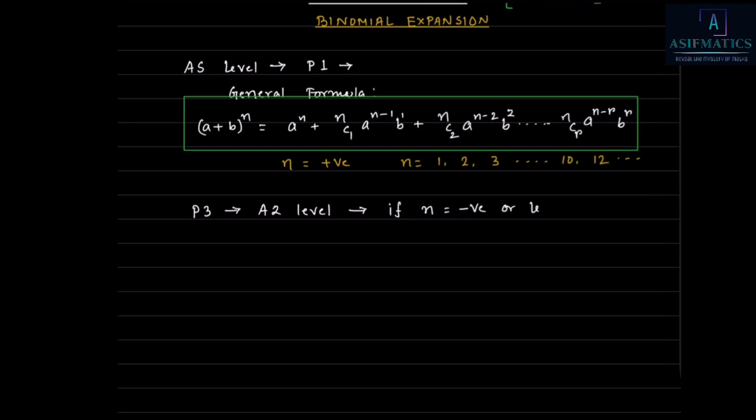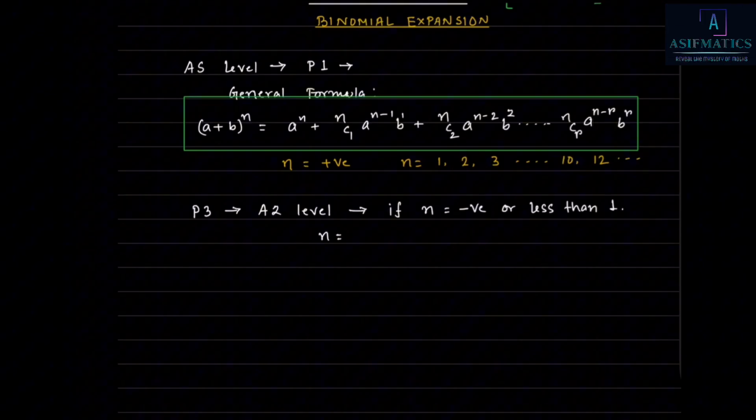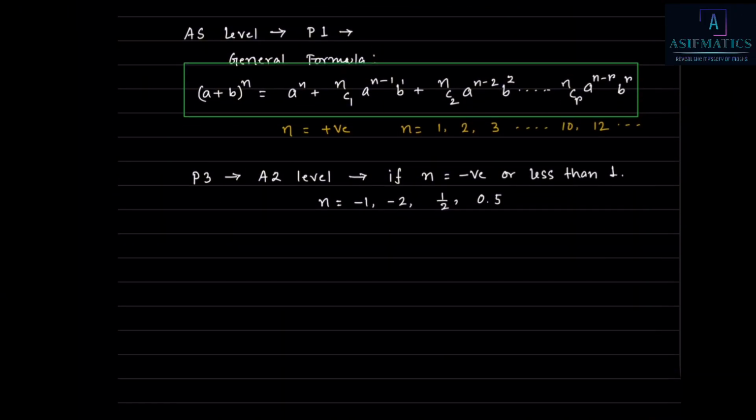Like n equals minus 1, minus 2, 1 by 2, 0.5, this type of situation. If your n value is like this, then you cannot apply the formula you learned in your AS level. So in this case, our general formula will be different.